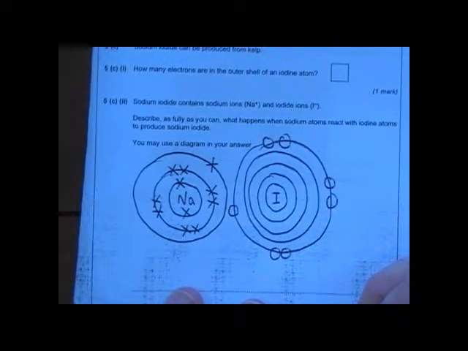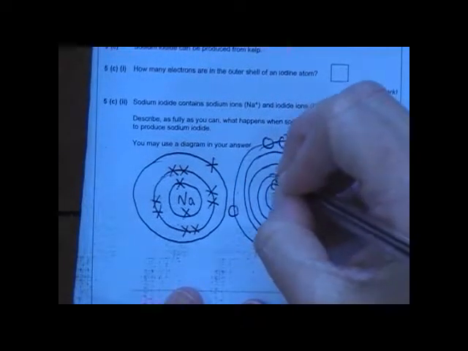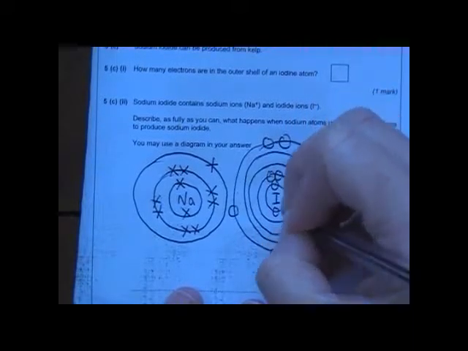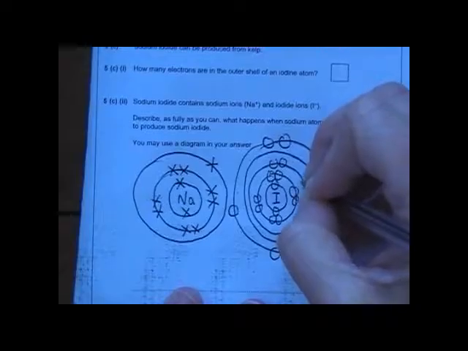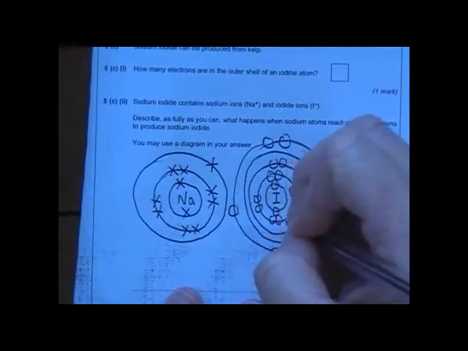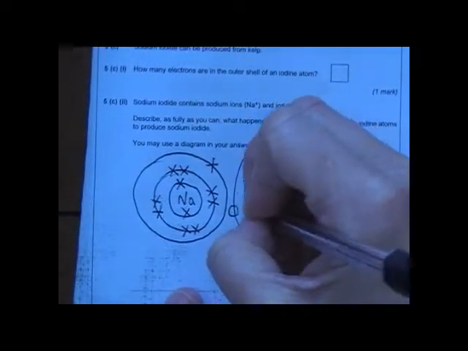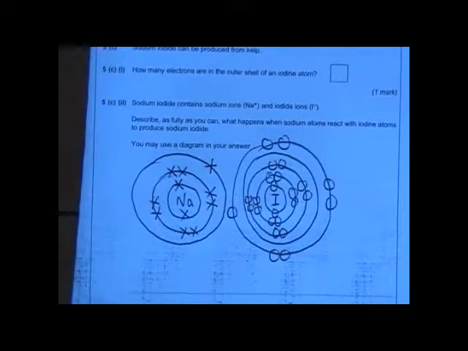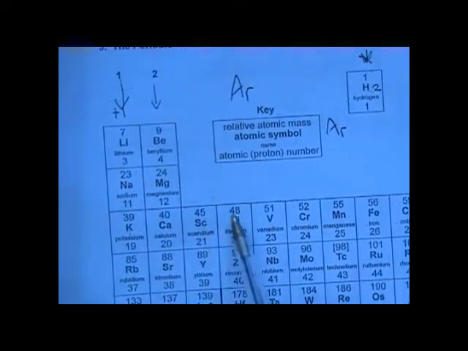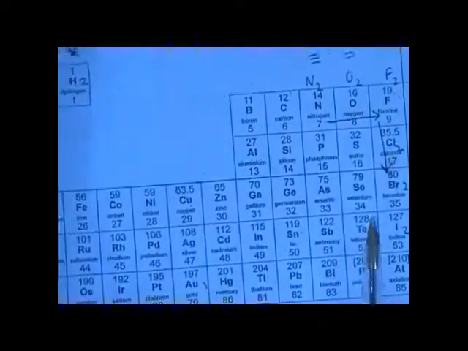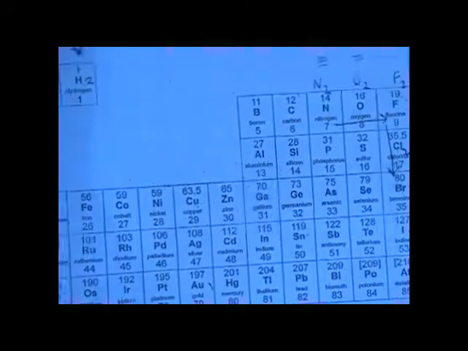That's done. Now I'm going to draw the other shells. 2 in the first shell, 8 in the second shell, and so on. In this next shell over, there's actually 18, and the reason why I know that is because if I start here and I count along, 1, 2, 3, 4, 5, 6, 7, 8, 9, 10, 11, 12, etc., I'll end up getting to 18 up here.